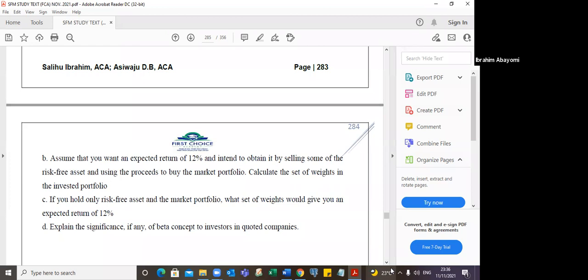Now, assuming that you want an expected return of 12% and intend to obtain it by selling some of the risk-free assets and using the proceeds to buy the market portfolio, calculate the set of weight in the invested portfolio.